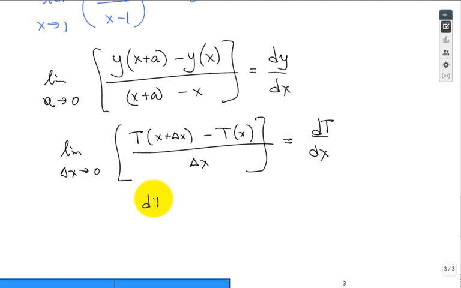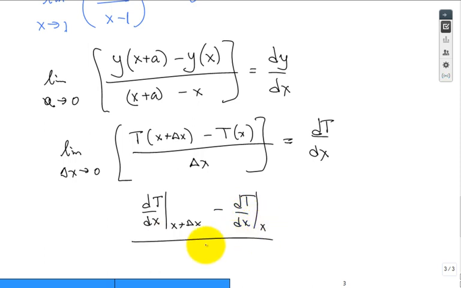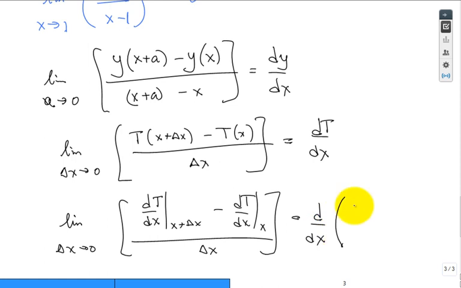The derivative of temperature with respect to x evaluated at x plus delta x minus the derivative of temperature with respect to x evaluated at x, divided by delta x. And we want to take the limit as delta x goes to 0 of that. What do you get? The derivative with respect to x of the derivative of temperature with respect to x. Another way of writing that, second derivative.